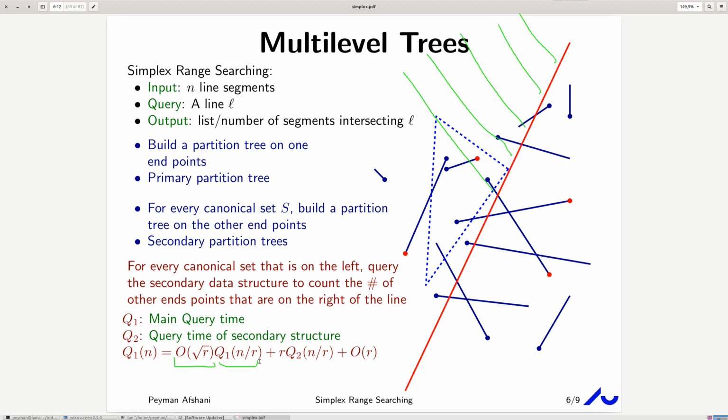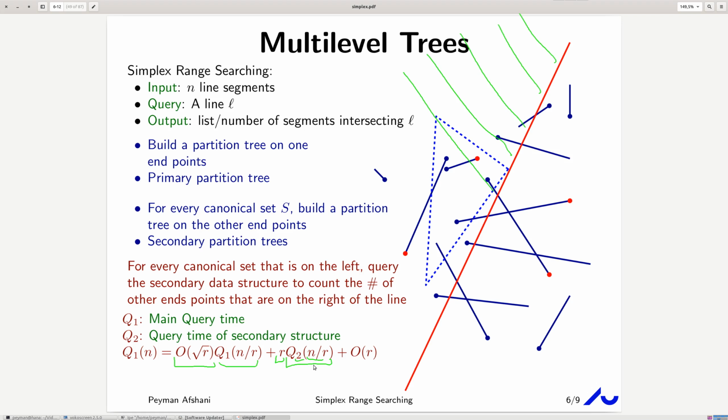But I could have up to r triangles, in the worst case all of the triangles in my partition could be inside the query. It could be like this blue triangle here. If this happens, then I call the secondary data structure with query time Q2 on them. The size of the subset that I'm calling on is n over r, and I have Q2, but I could have up to r of them.